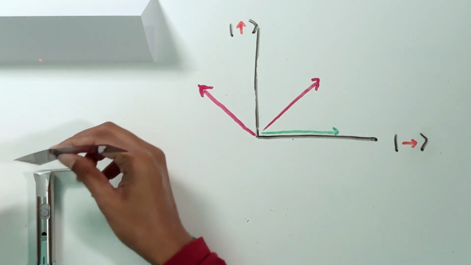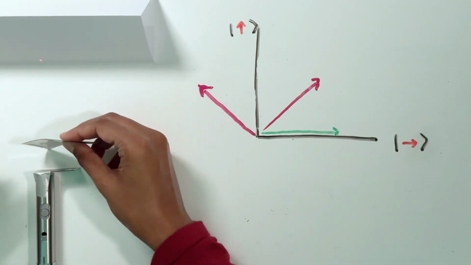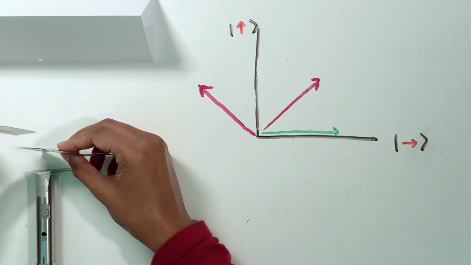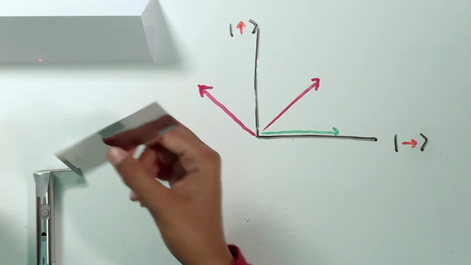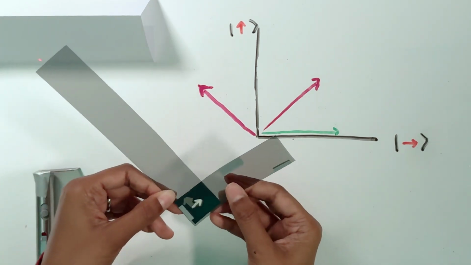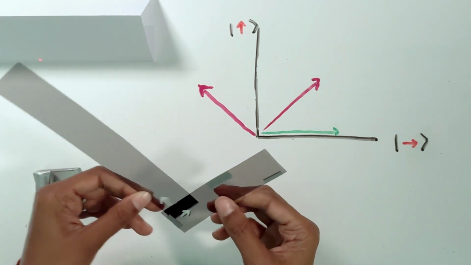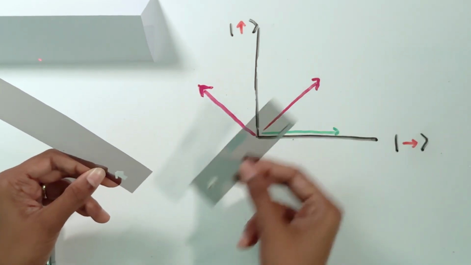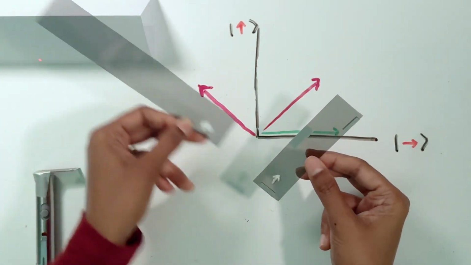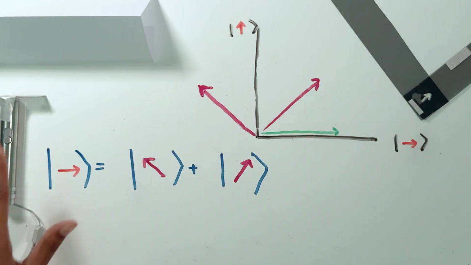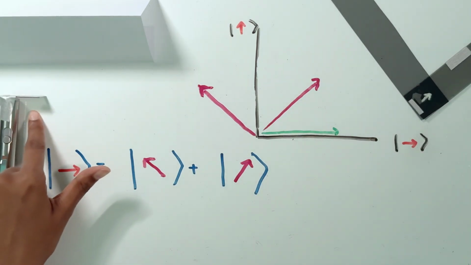So this is true for our 45-degree angle one as well. So if we do this and then the other one, you can see it completely cuts out the light. So these two are like the options. All light is a combination of being in this direction and that direction. But what about our horizontal light?